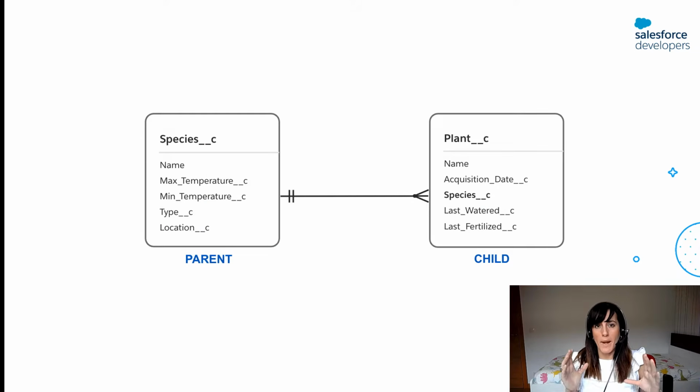In Salesforce, you relate objects using lookups or master detail relationships. This is equivalent to foreign keys in other database systems. They are just fields that help you relate to a different object. In our case, plant will have a lookup to species. Species will be the parent and plant will be the child.